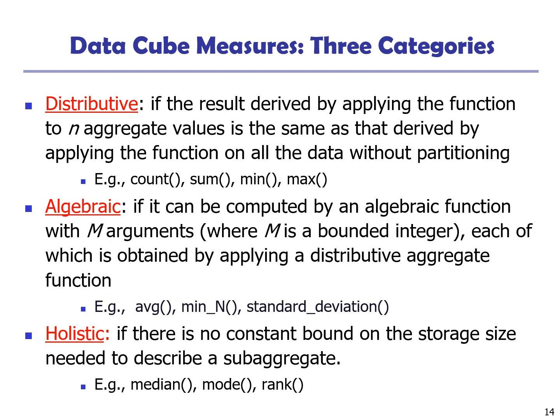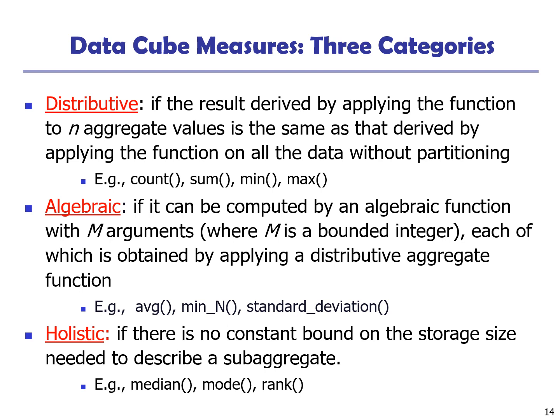Now, if I want to look at what types of measures we can apply on a data cube, we can have three categories of measures: distributive measures, algebraic measures, and holistic measures. Distributive measures are just like count, sum, minimum, maximum.